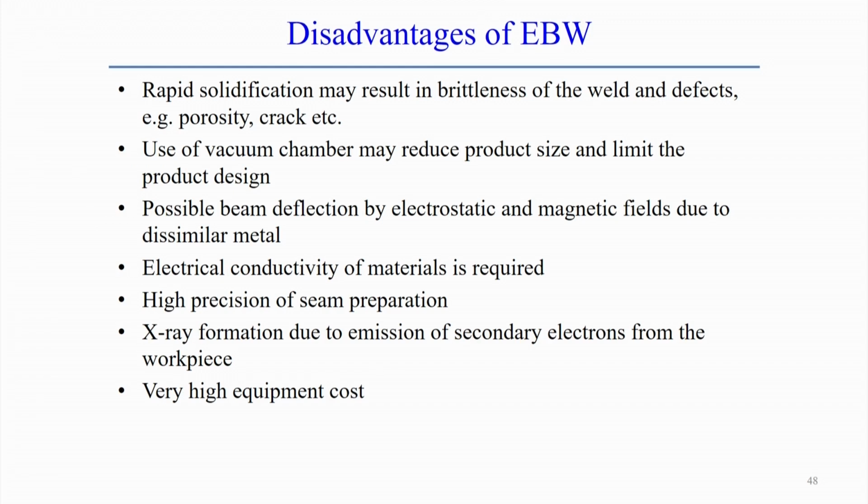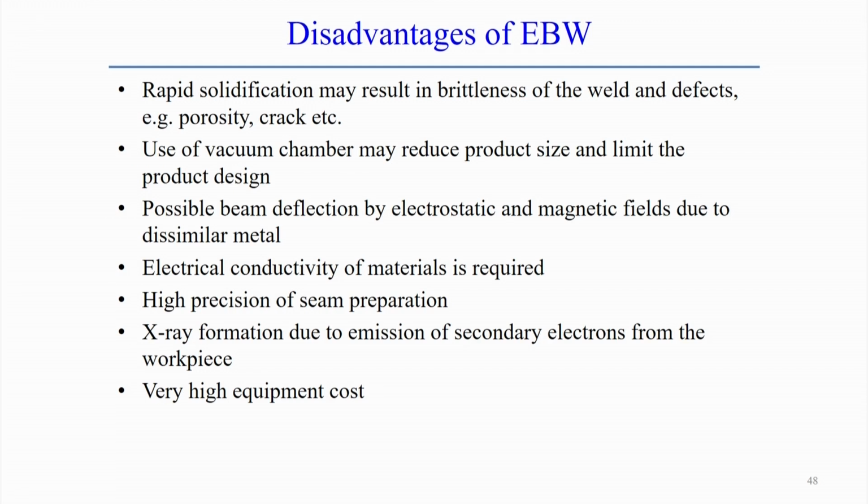Another thing is that the electron beam is easily deflected by any electrostatic and magnetic field, which is specifically important in the case of dissimilar materials. We will discuss this issue, and the difficulty of applying electron beam welding when you try to join dissimilar materials. Another limitation of the electron beam welding process is that electrical conductivity of the materials is required.